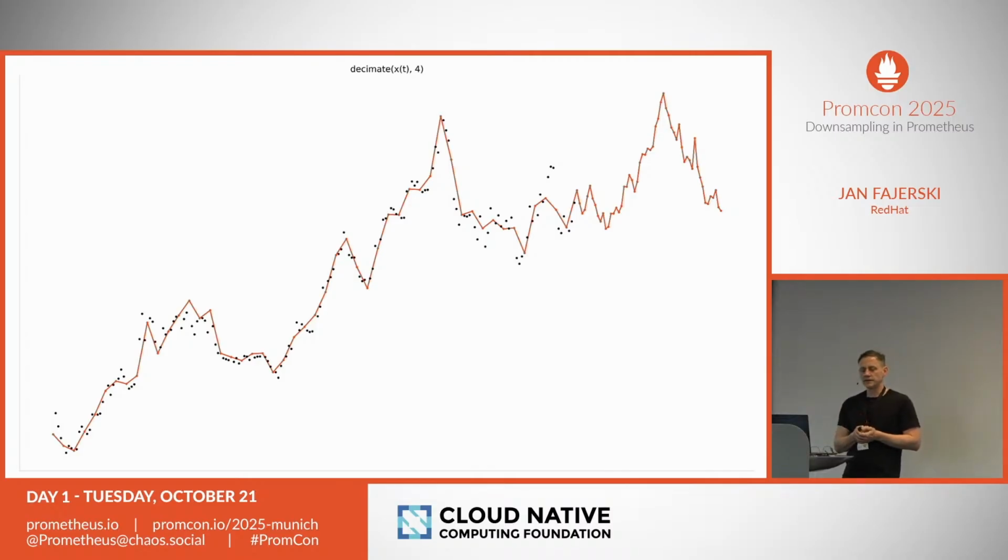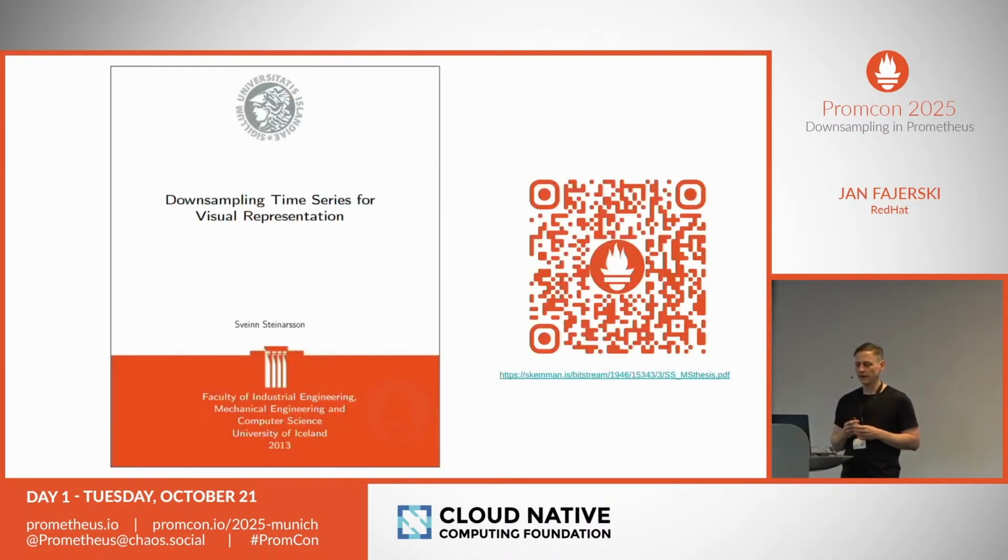If you look at what's there in terms of algorithms to downsample data a little more cleverly than just selecting the latest in a certain time frame, there are plenty of surveys out there, so you can read up on a lot of this. But I want to highlight one that I think is quite cool. This comes out of Iceland, it is a master thesis, I think, and it's a very readable paper.